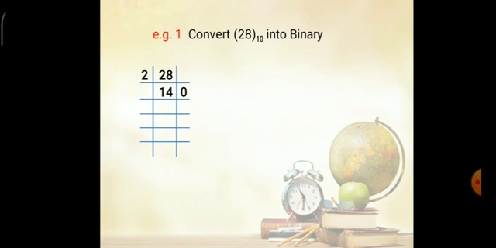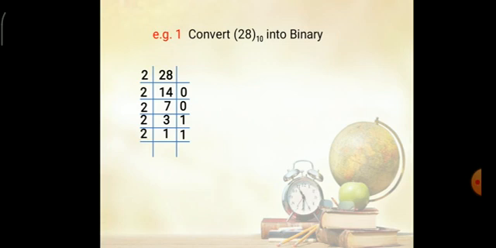Let's see. 14 divided by 2, quotient 7, remainder 0. 7 divided by 2, quotient is 3, remainder 1. 3 is again divided by 2, we will get the quotient 1 and the remainder 1.